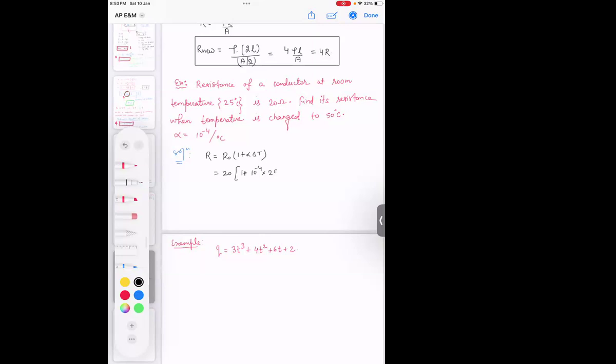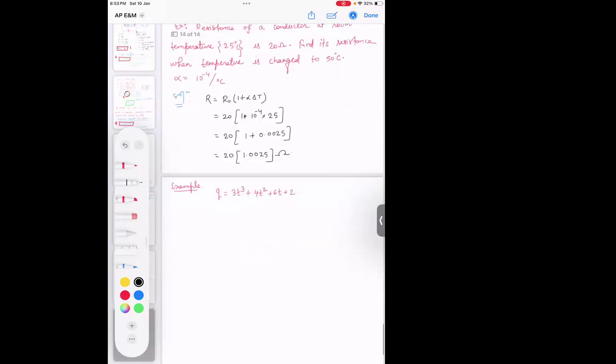So 20 into 1 plus 0.0025, that is 20 into 1.0025 ohm. So a very small change will happen.